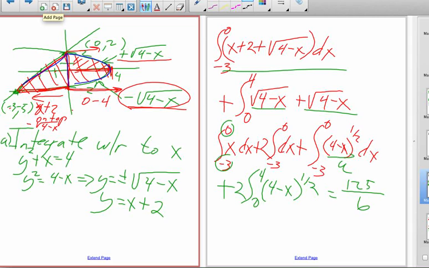Now, however, if I do it with respect to y, we're going to turn this thing around. So basically, if I do it with respect to y, then my left curve, or the top one, is always going to be the line, and the bottom one is always going to be this guy.